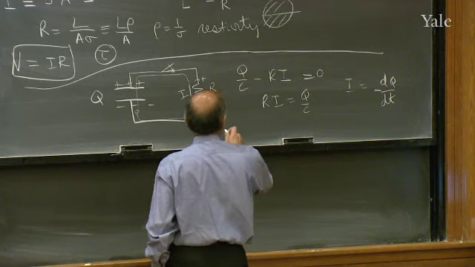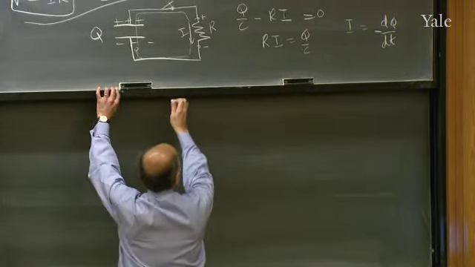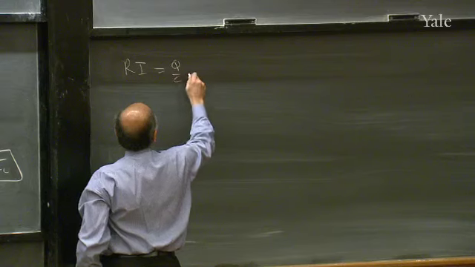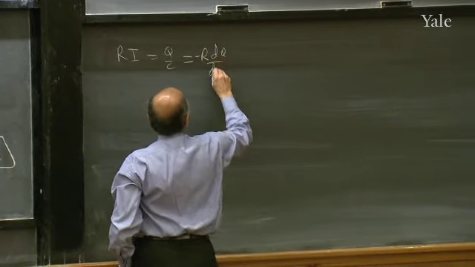so I is minus dq/dt. So I have the equation here that looks like, so go back to Ri equal to Q over C and write it as R dq/dt. This is my equation. That can be written as dq over q is equal to minus dt over RC.